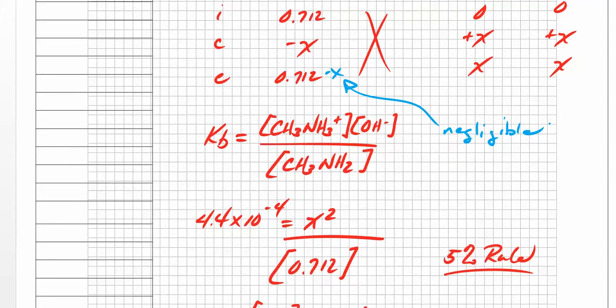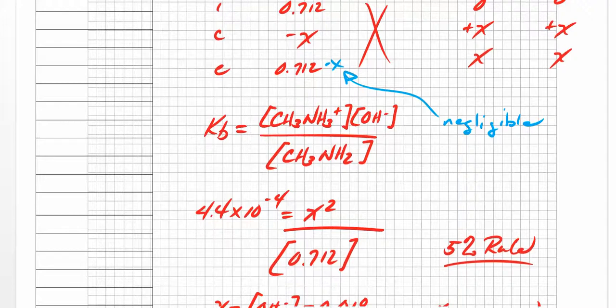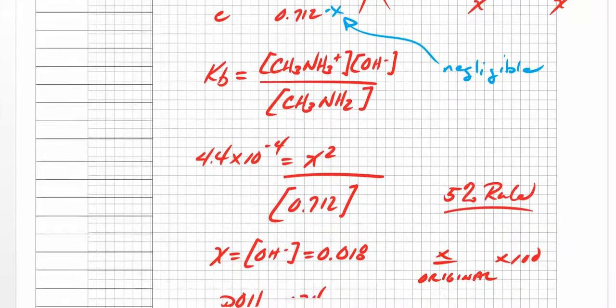The reason is that some people have nicer calculators than others, and they can do quadratic equations, and a quadratic would be what we would need in order to do this. If this was 0.712 minus x, you'd have a quadratic, right? You'd have an x squared, an x, and a constant. But on the AP exam, you can just ignore that x, and I'll show you how you can prove that it was okay to do that in just a moment. You can't do that in here. You're going to have to do the quadratic in here.